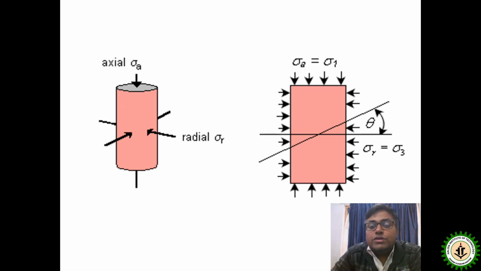On the right hand side figure you can see sigma 1, the major principal stress, acting in the vertical direction, and in the lateral direction the minor principal stress sigma 3 is acting.